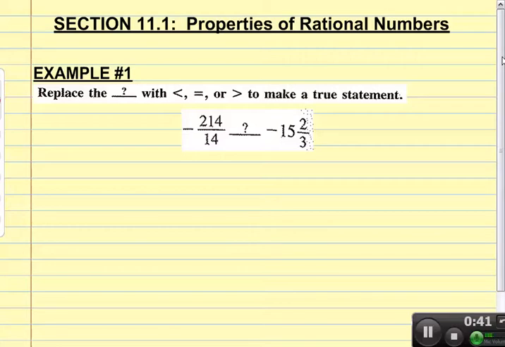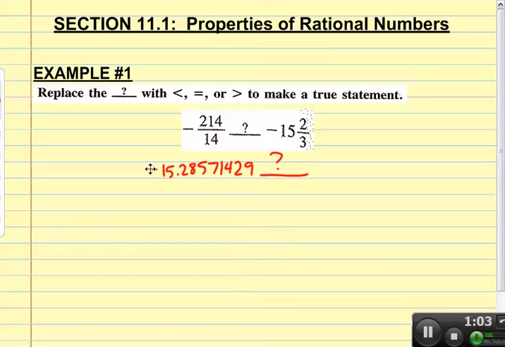So I've got my calculator, you've got your calculator. This first one, I'm going to change to a decimal. That's negative 214 divided by 14, so that's going to give me negative 15.28571429, question mark. Now I'm going to change the other one to a decimal.